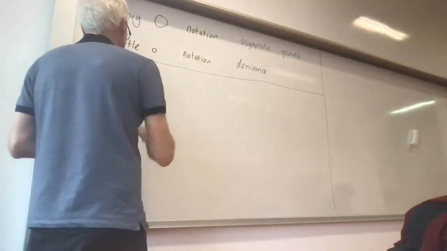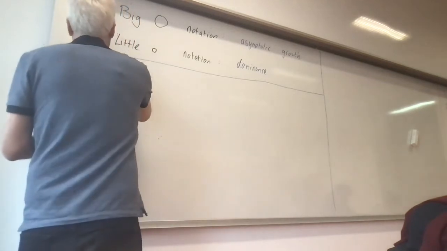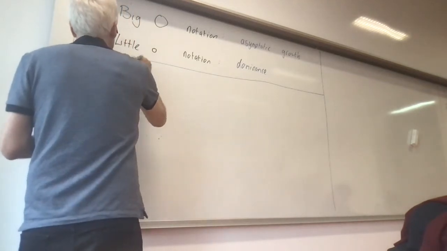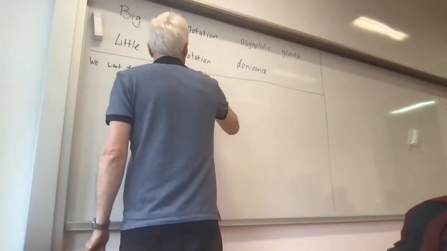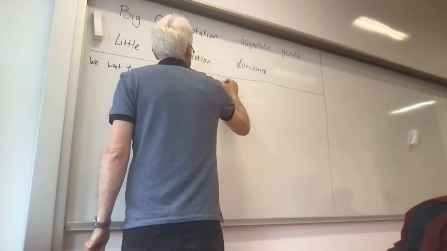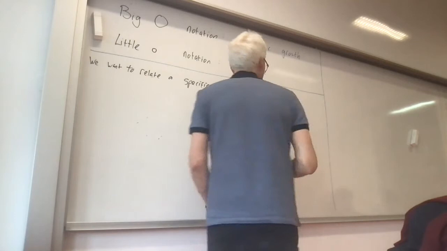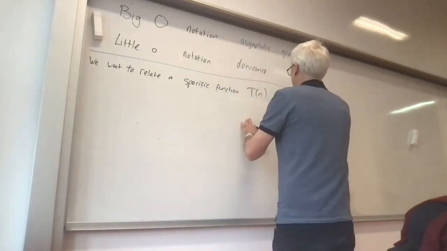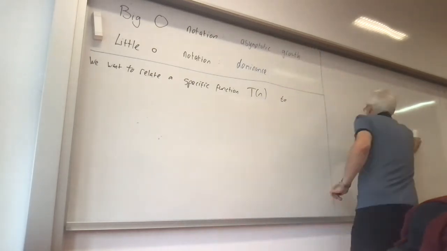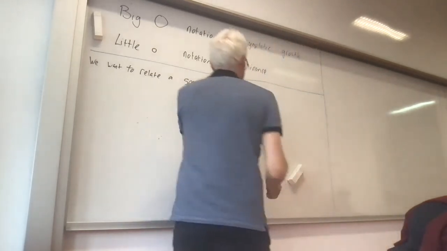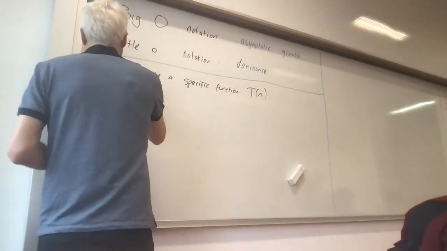And the point is, we've got a specific time function, a very specific function T of n, something like this. So this is the computation: the computation takes T of n steps.